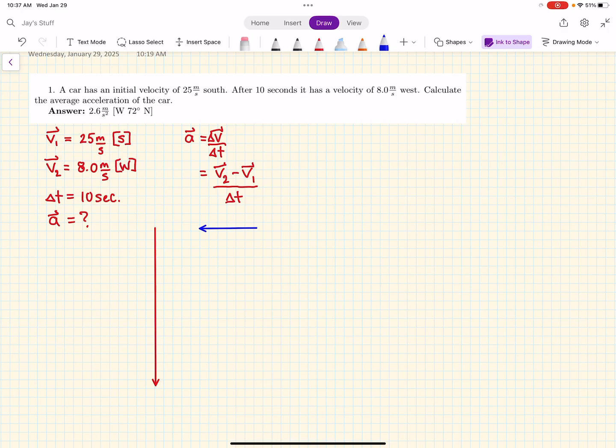So, if we're going to add those things as vectors, well, subtract them actually in this case. So we've got V2, which is our 8. So let's put it somewhere. That's our V2.